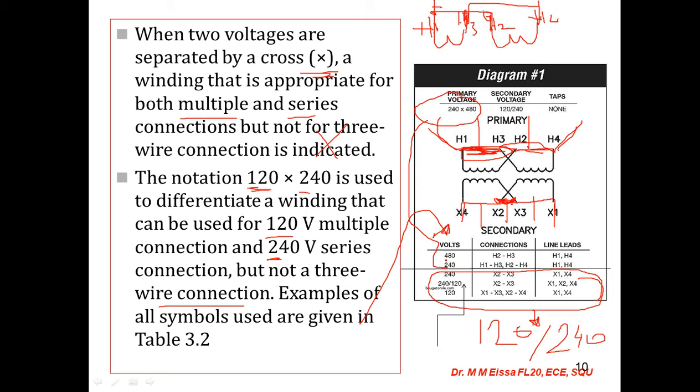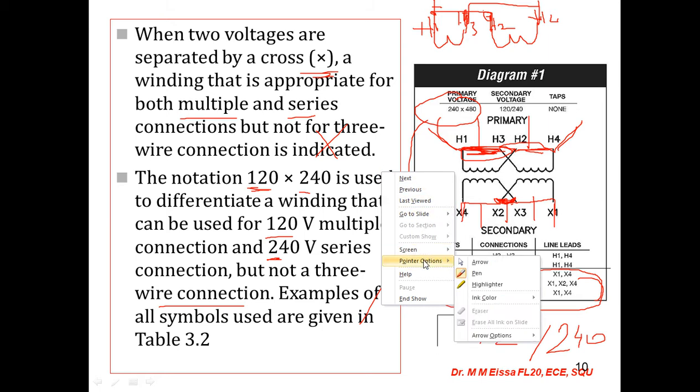Here we can make, for example, for the voltage, if we have voltage 480, the terminals H2 and H3 can be connected together, and we can obtain it from H1 and H4.